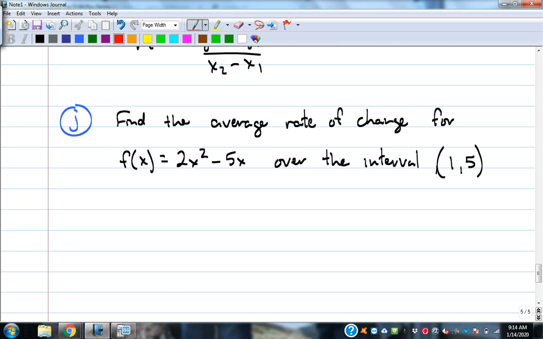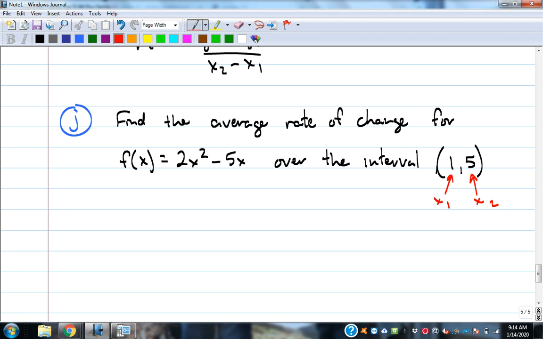Interval notation there from 1 to 5. What are 1 and 5? They're x values. x1 and x2. So to find the slope or the average rate of change, I need what? I need y values to go with those.